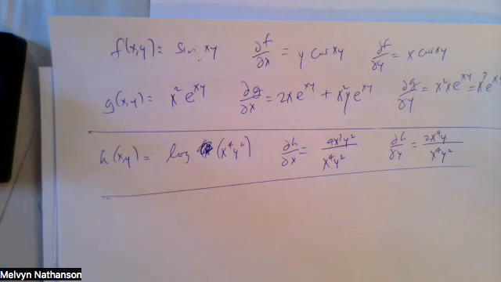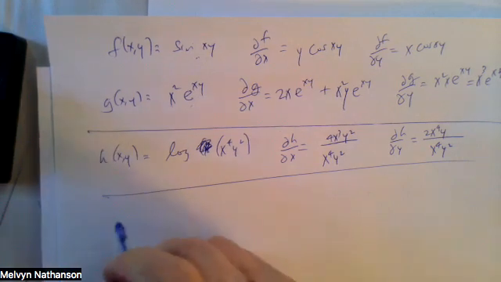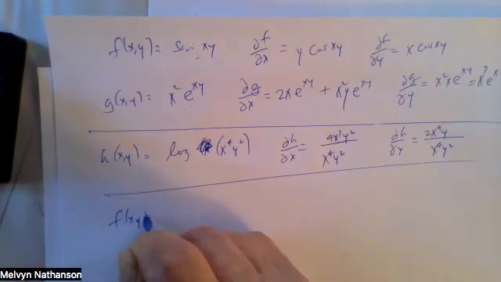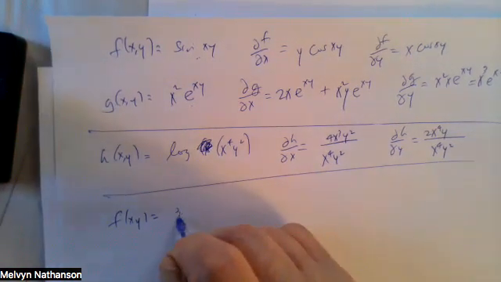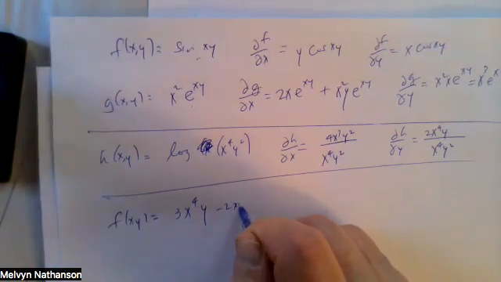And of course, just as with functions of one variable, if you take a function and differentiate it, you can differentiate it again. So let's look at an example. f of x, y equals, simplest examples are always polynomials.